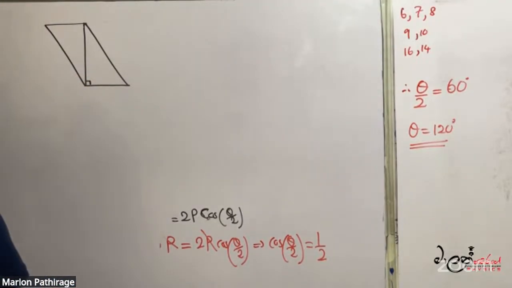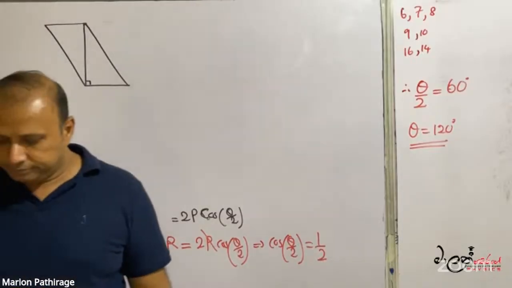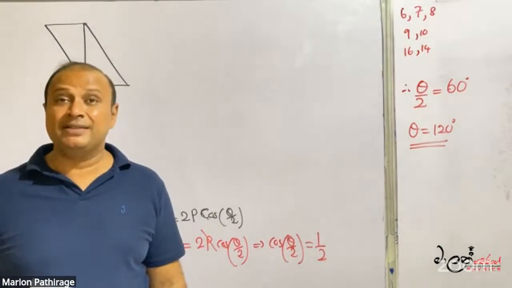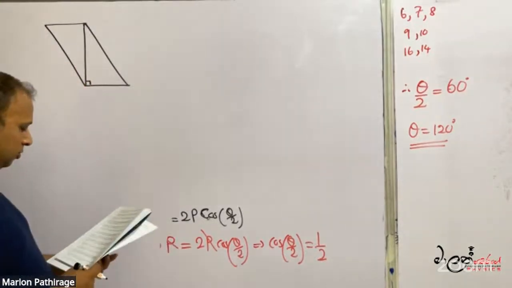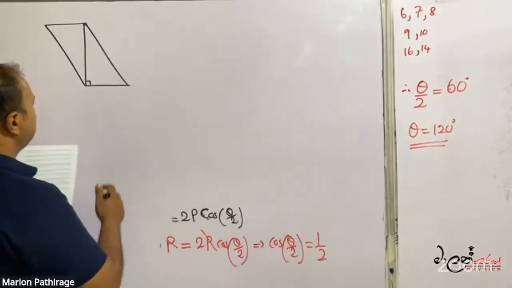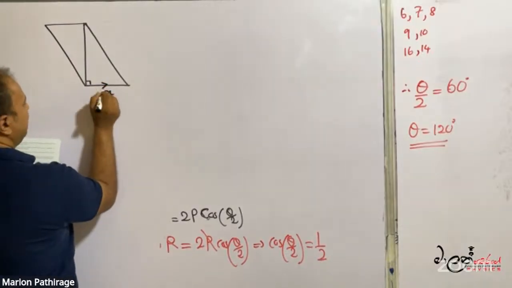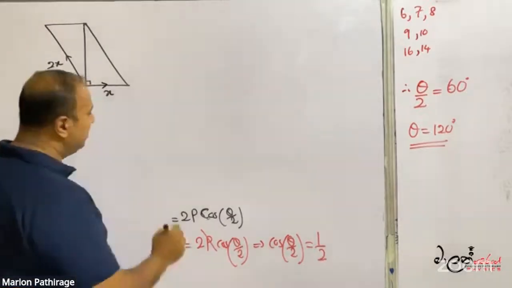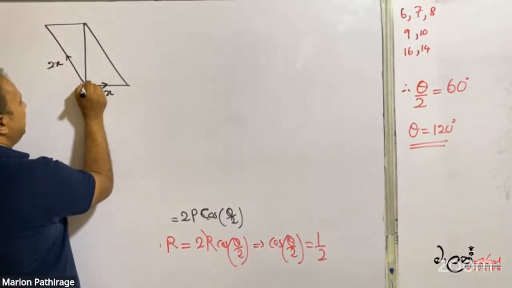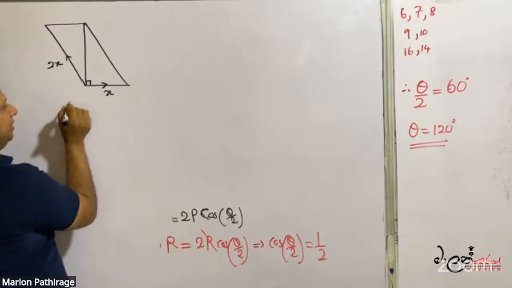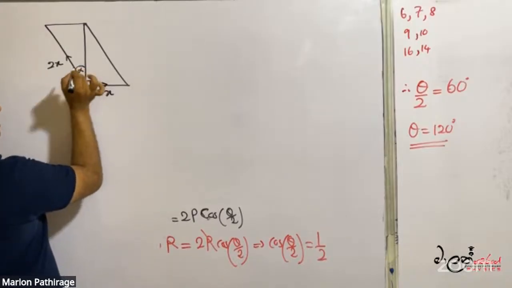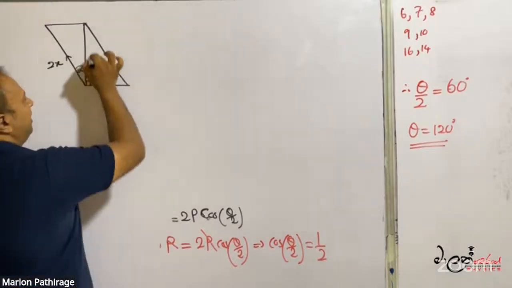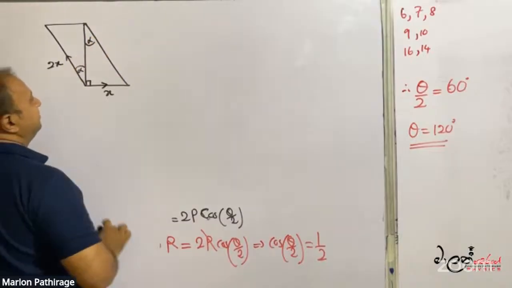Now, two forces of magnitude x and 2x act on an object. That means this one is x, this one should be 2x. And this angle is 90. I can consider this angle is alpha, therefore this angle is also alpha.